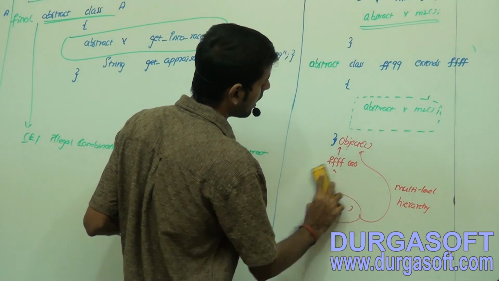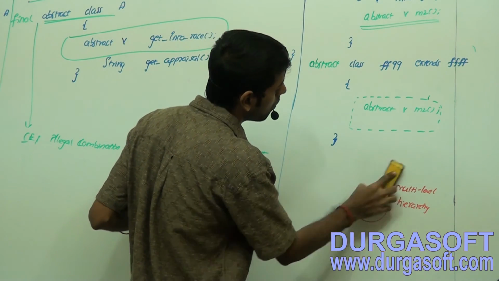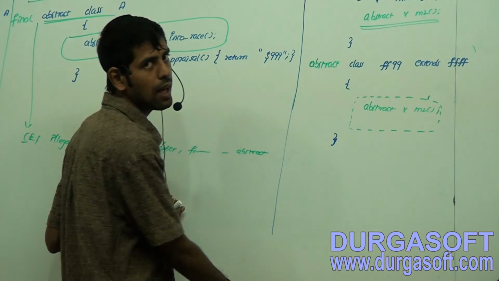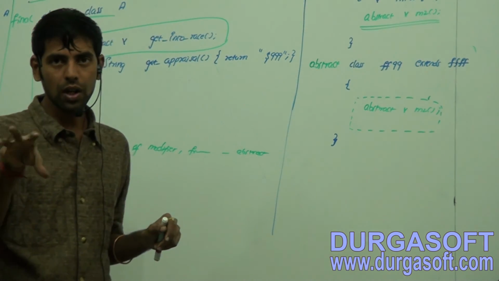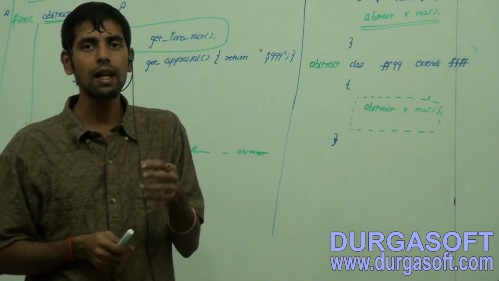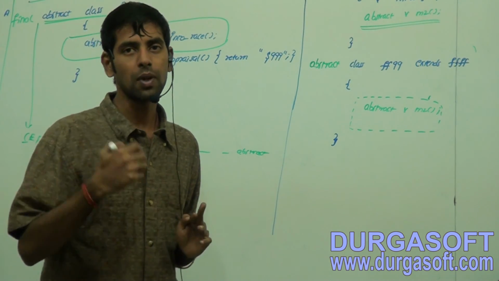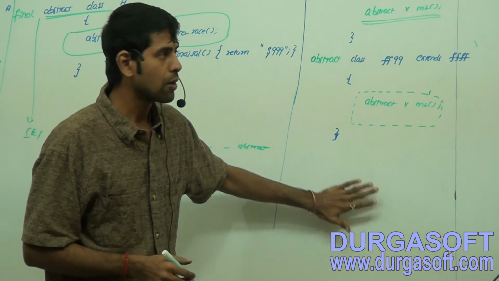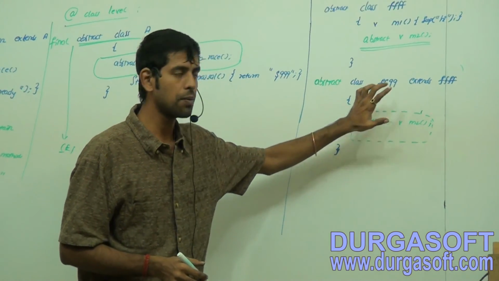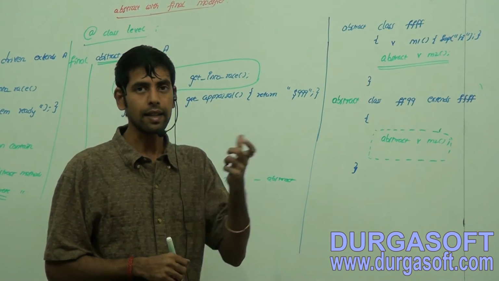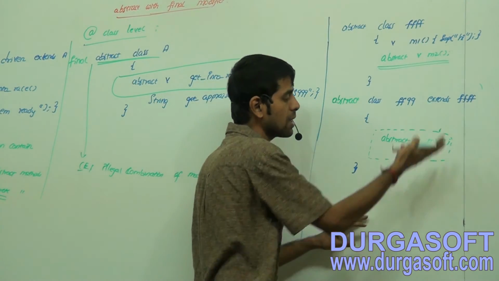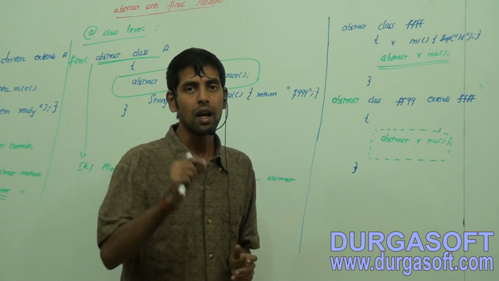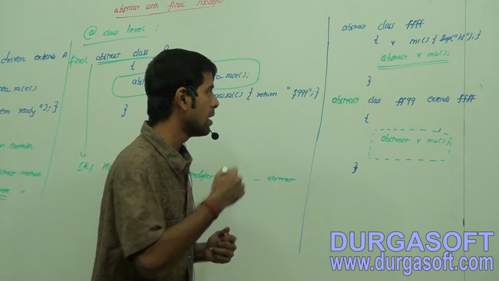I just want this method implementation in one of the concrete classes. What can I do? Simple thing. If you write a class which is a child of this FF9 class, then definitely you are going to achieve this method implementation.